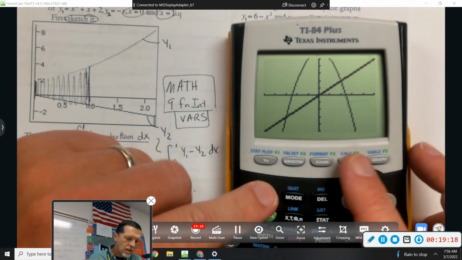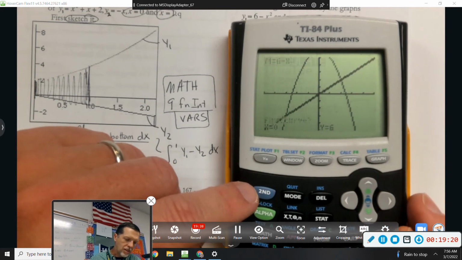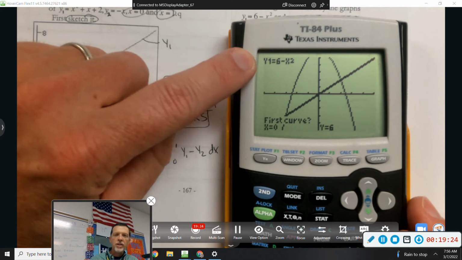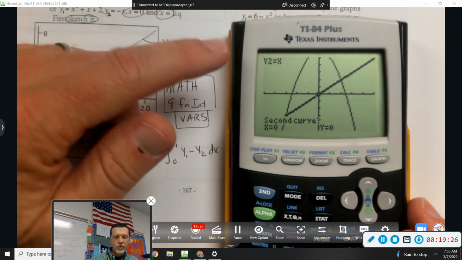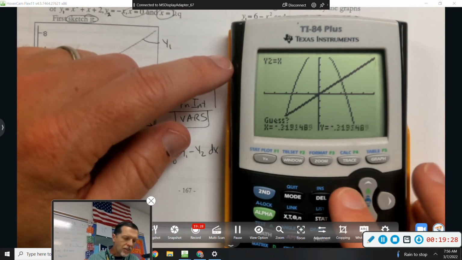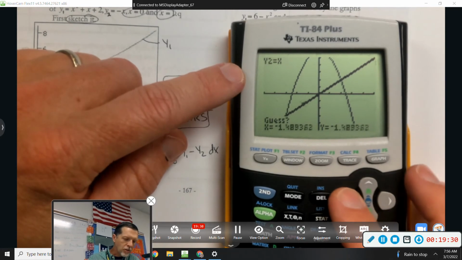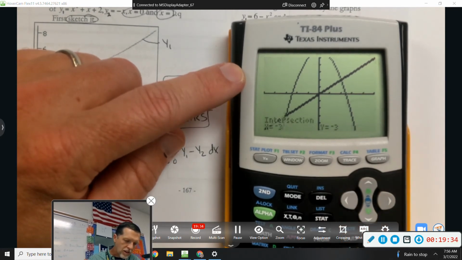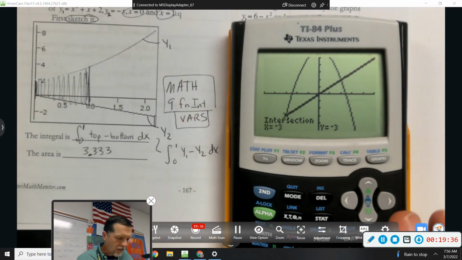Second, calc intersect. And then it walks you through. First curve. Well, first curve is y1, so enter. Second curve, y2, enter. Guess. Well, then I need to move my cursor closer to one of the intersections. And that intersection is at negative 3, 3.